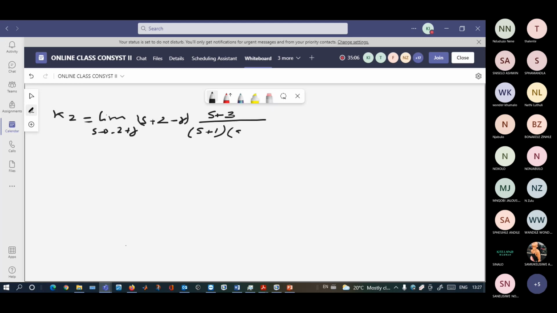Then there will be S plus 2 minus J, then S plus 2 plus J.